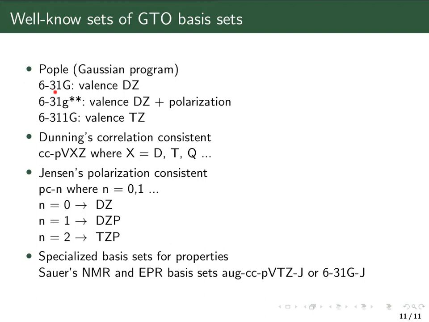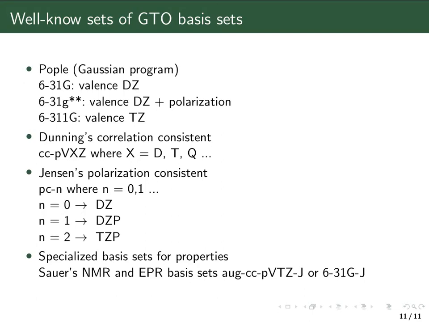It has two contracted Gaussian functions for each valence orbital, where one of those consists of 3 primitives, and the second one is just one single primitive Gaussian function. And this single one has a smaller exponent than those 3. So a 6-31G basis set is a valence double zeta basis set, whereas a 6-311G basis set is a valence triple zeta basis set.